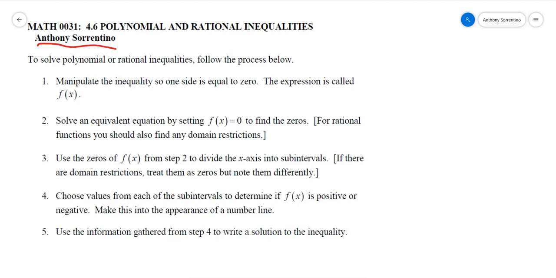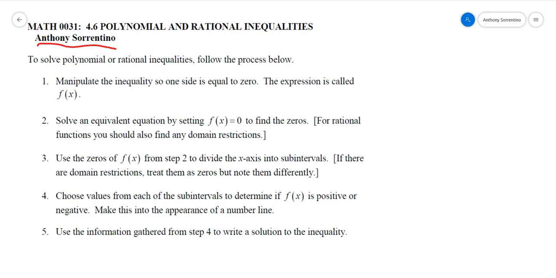So we're going to be using a very similar method, with the exception that instead of just rewriting the inequality with an equal sign, we're actually going to rearrange the inequality so we're solving one side for 0, and then we're going to turn that into an equation. Because being able to compare whether you're greater than 0, which means you're positive, or less than 0, which means you're negative, is quite easy.